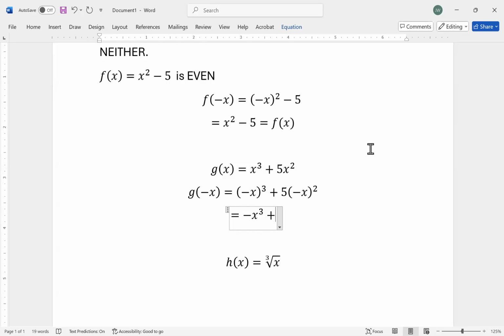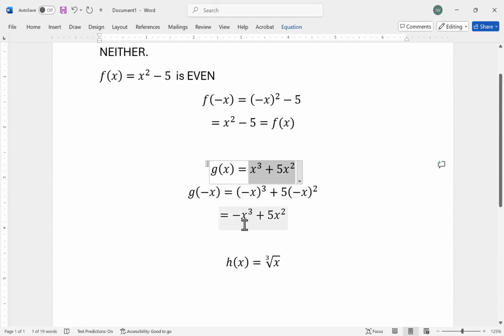But 5 times negative x squared is going to be a positive x squared. So I get plus 5x squared. Now that is not my original function because the first term is the negative of my original function's term, but my second matches up.